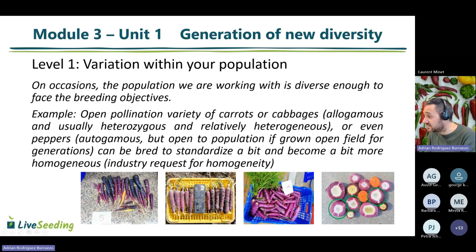And also in the last picture, you can see that we performed selection towards the central core of the carrot to be as white as possible, removing all those individuals which are yellow in the core.